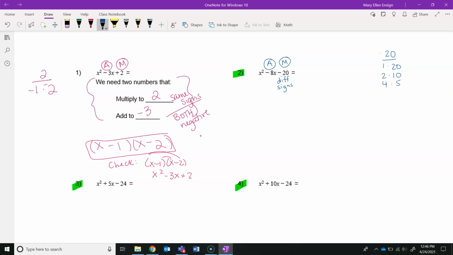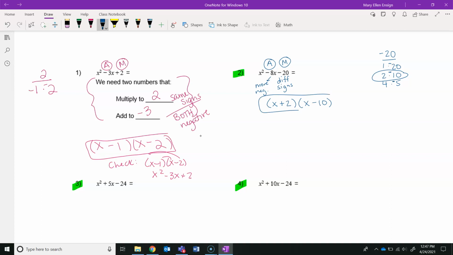Now I know it's going to be negative, so I know one of those has to be negative in each pair, and this means I have to have more negatives. Okay, so the bigger number in each case is going to become my negative. And if I check, this middle grouping is the one that adds up to negative 8. So I end up with x plus 2 and x minus 10.